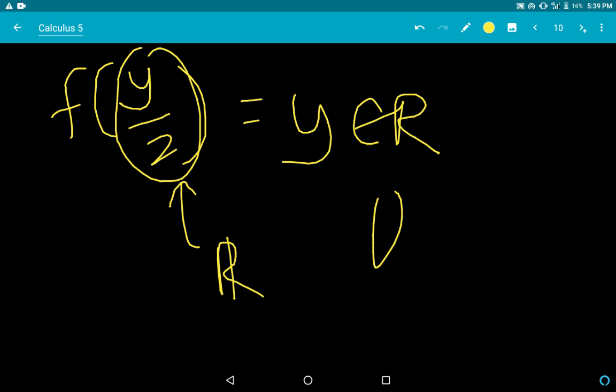So I can say this function is onto. In such a case, this is a bijective function.